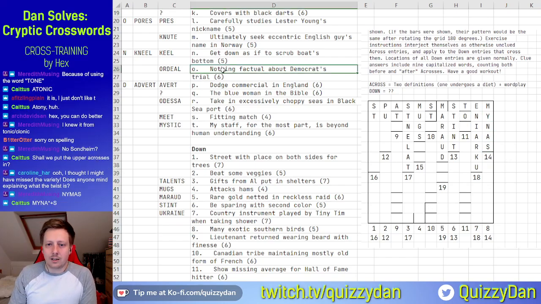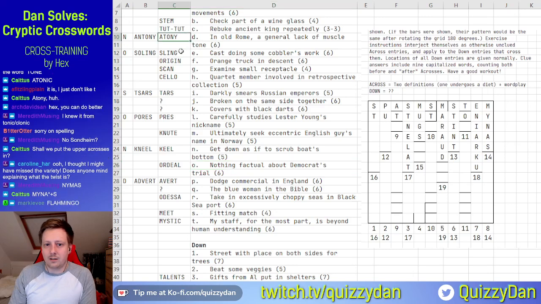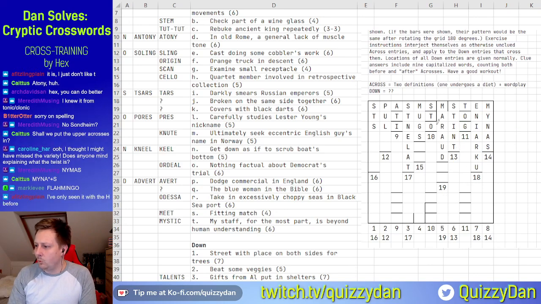So let's have a look at the crosses. So we know the next one is sling, so that's going to go there. And then the next one is origins, so that is absolutely fine. Now, we can put all that in without a problem. I can't really remember what the gimmick is, which is really worrying because I'm doing the crossword. What have we got next? We got scan.